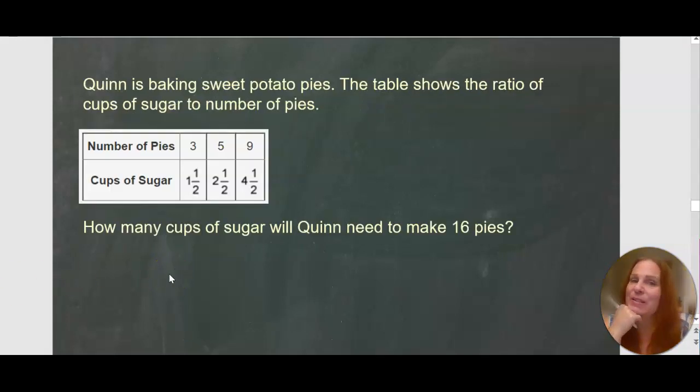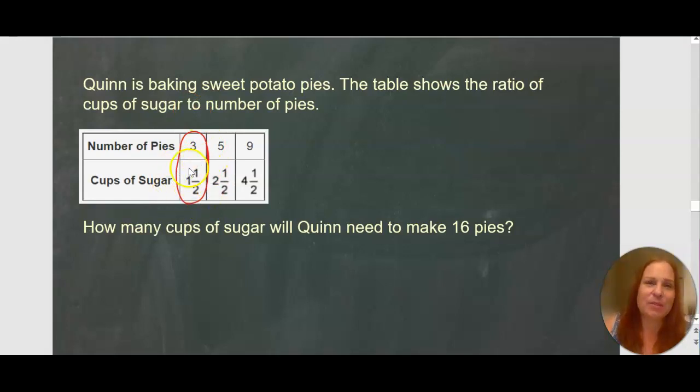Quinn is baking sweet potato pies. The table shows the ratio of cups of sugar to number of pies. How many cups of sugar will Quinn need to make 16 pies? Okay, well, I can use any one of these pairs of numbers. So I'm going to use this pair.